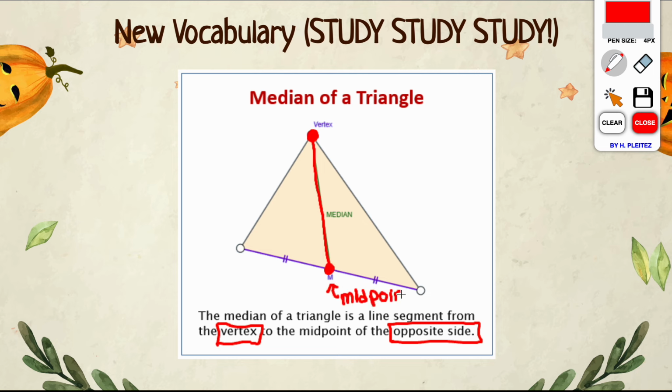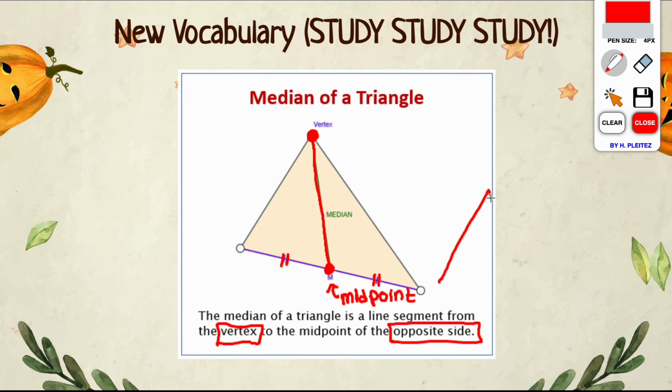We know a little bit about the midpoint already. We know that the midpoint splits segments into two congruent parts, right? So if you have a median, you'll know that this segment here is congruent to this segment here. We have to get used to putting those marks to show that we are making those conclusions in our diagrams.